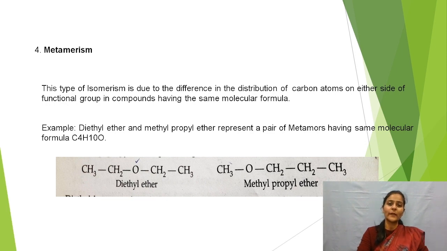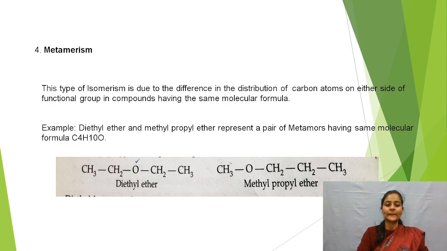The molecular formula will remain the same in both compounds, but the number of carbons on either side of the functional group will change. For example, diethyl ether and methyl propyl ether represent a pair of metamers. Both have the same molecular formula C4H10O, but their number of carbons varies.